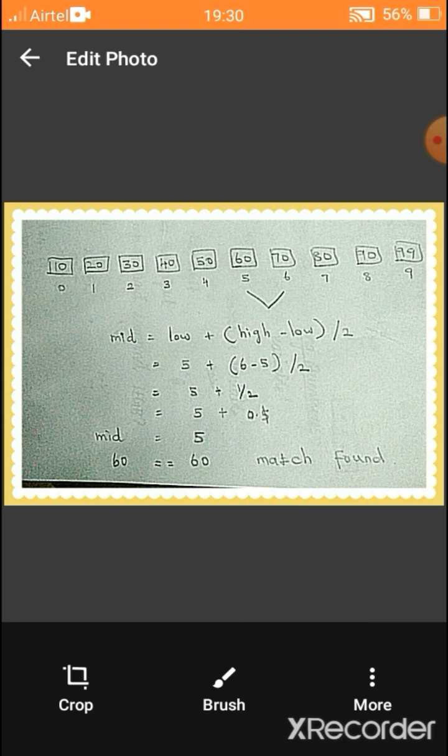If the target value is less than the middle value, it goes to the left side of the list. So this is the way binary search finds the target key in a list. It produces the index of the value as an output. Is it clear? Thank you.